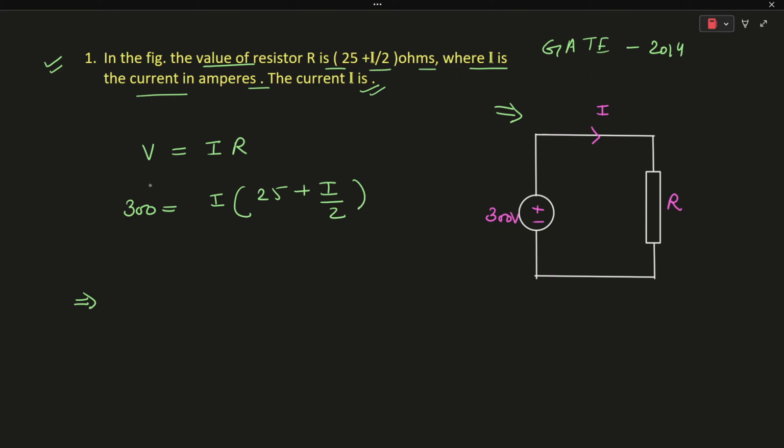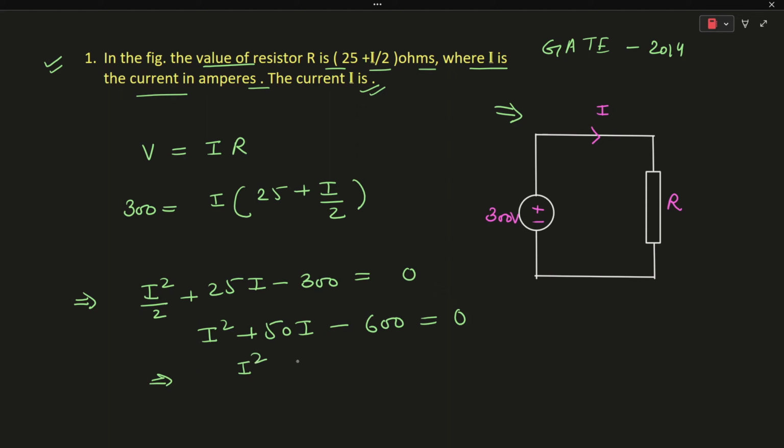On further solving it, we are getting I square by 2 plus 25I minus 300 is equal to 0. So I square plus 50I minus 600 is equal to 0. On solving this quadratic equation, I square plus 60I minus 10I minus 600 is equal to 0.